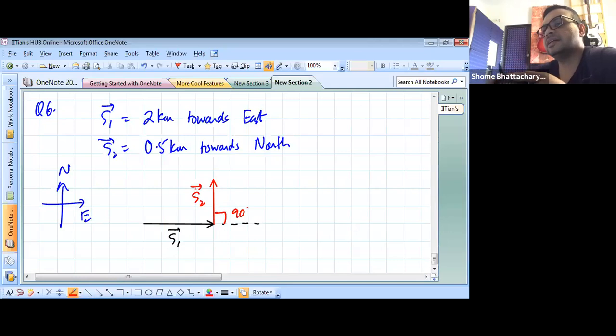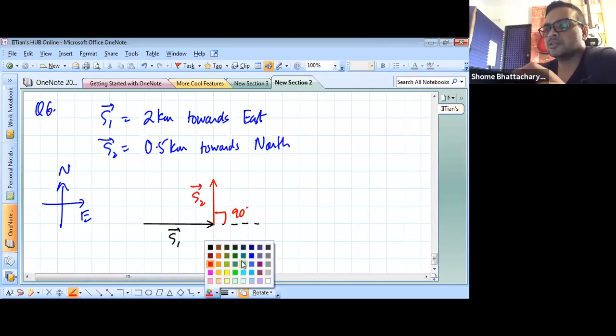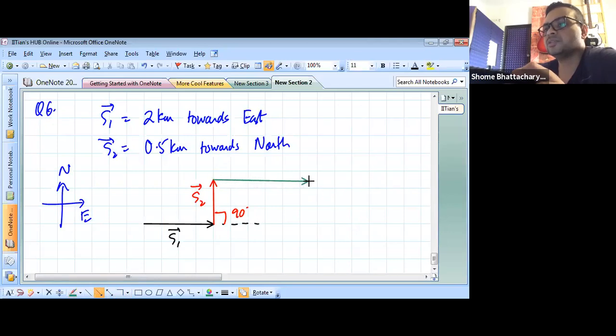And then it's saying that again you are making a rightwards turn of 90 degrees. So if you make a turn towards the right of 90 degrees, from here your right will again be towards east. So from the language of the question we have to understand that the third displacement is again towards east. How do I know that? Because the question is telling me that I'm making a 90-degree turn after S2 is completed towards the right.